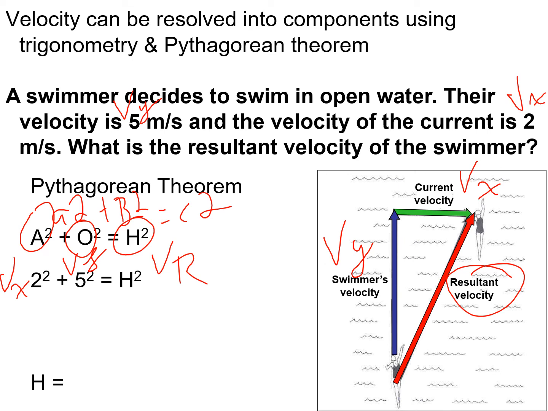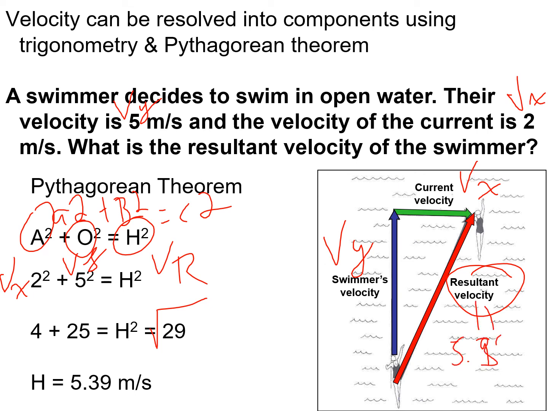So we have 29 equals h squared, okay? So then if we just need h, if we take the square root of 29, we have 5.39 meters per second. So this is equal to 5.39 meters per second. Okay?